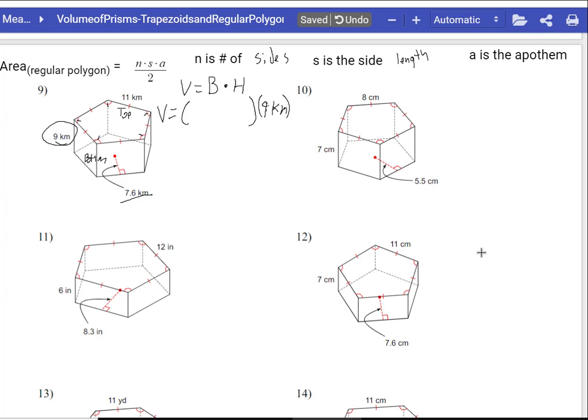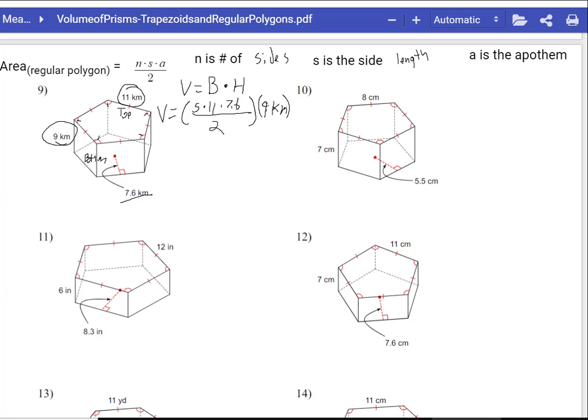What's the side length? It's 11, we see that right here. And the apothem is 7.6. Then we divide by 2. That's it. Now we just use our handy calculator to solve for b, and after that, times it by 9.